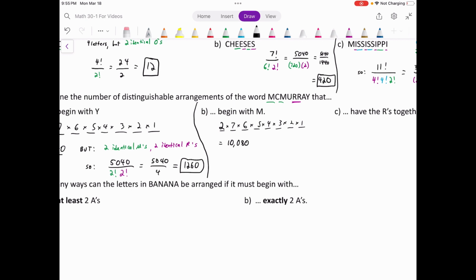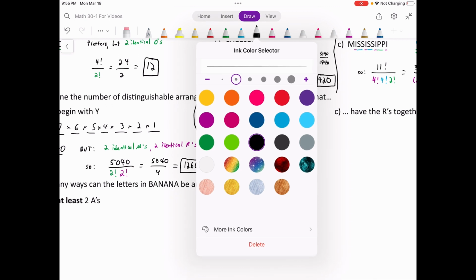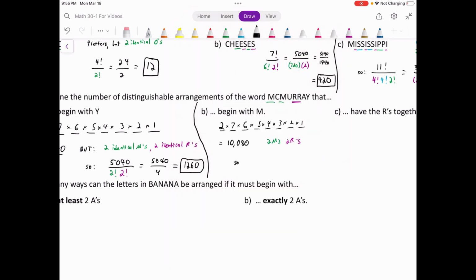But again, there are 2 M's that are indistinguishable, and there are 2 R's that are indistinguishable. So switching those around doesn't actually give us different arrangements. So we need to take our 10,080 possible arrangements and divide by the fact that a factor of 2 and another factor of 2 that we've included are actually not distinguishable, right?